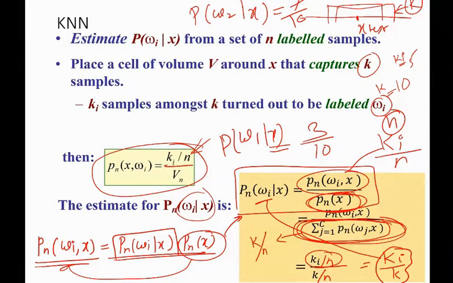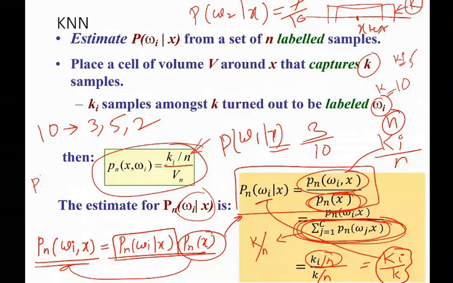If I extend this concept to many classes, suppose out of 10 samples, 3 belong to omega 1, 5 belong to omega 2, and the remaining 2 belong to omega 3.